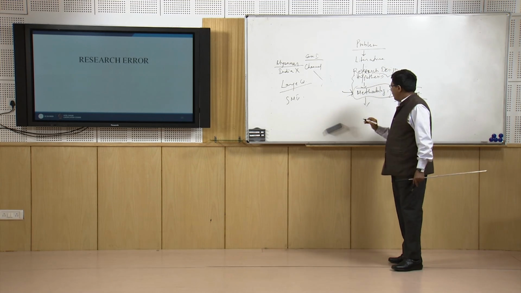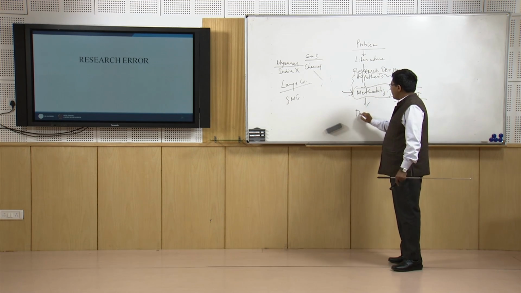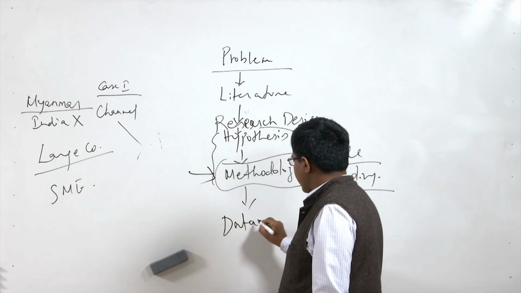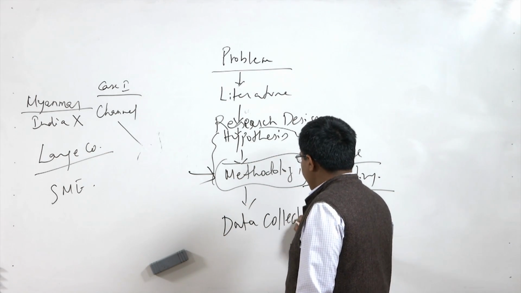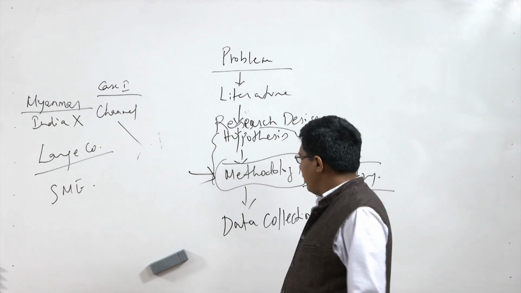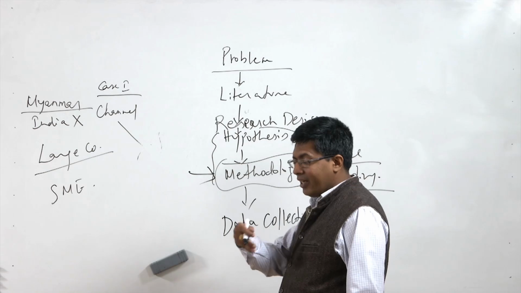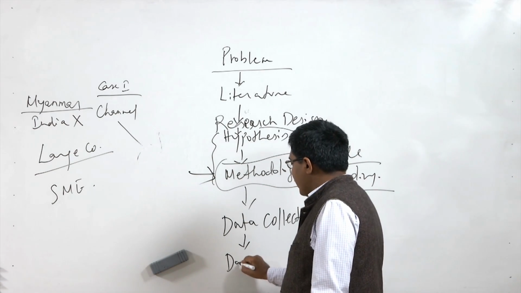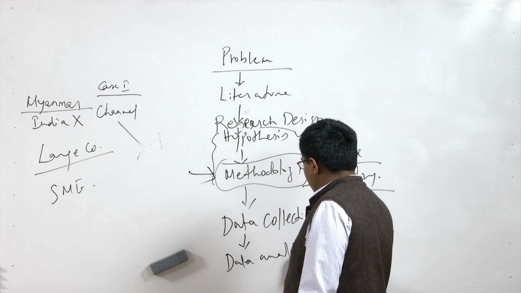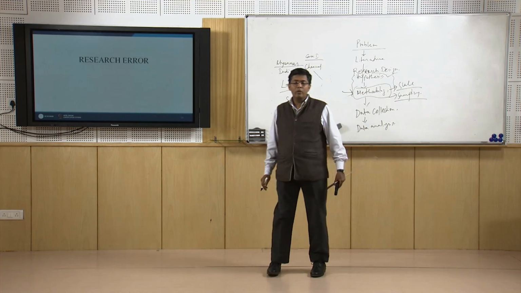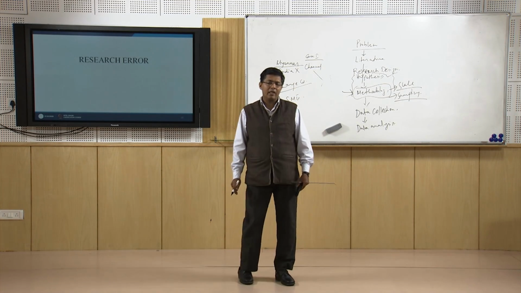From methodology, next let us say we get into data collection. In data collection also one can commit mistakes and error can be introduced. Then from data collection we move into data analysis. Where is the guarantee that one might not use a wrong way of statistically analyzing the data?